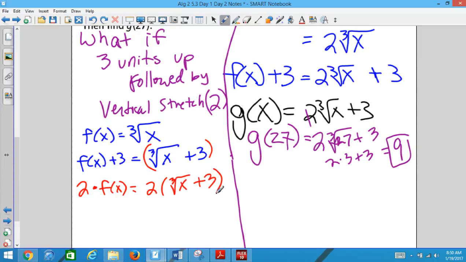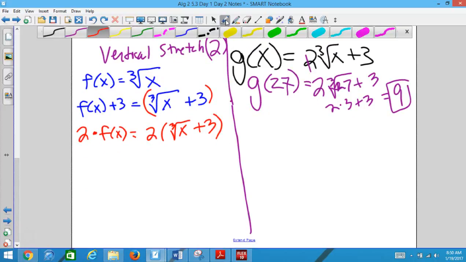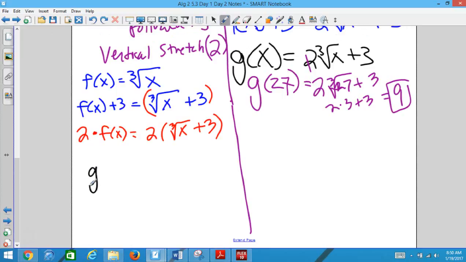If that stretch is the last thing that happens, it has to happen to everything. Did we not distribute? So g of x would equal 2 cube root x plus 6. Would that be the same answer if I plugged in 27 as the first one?